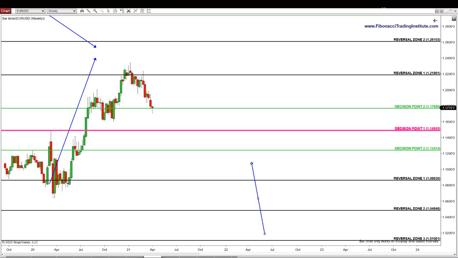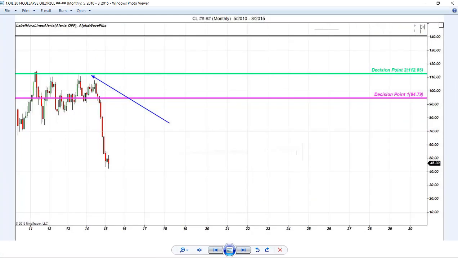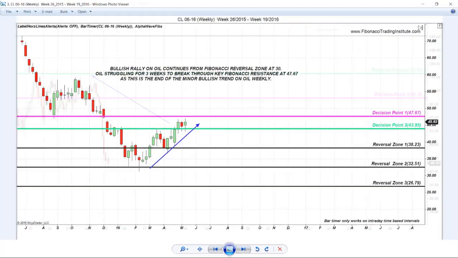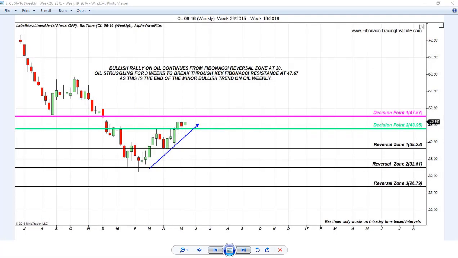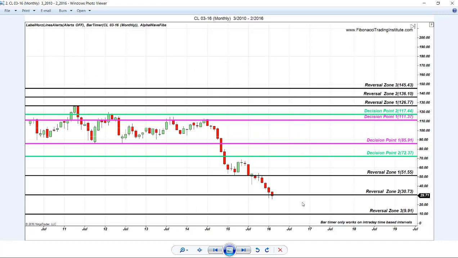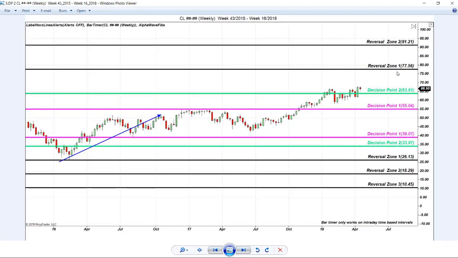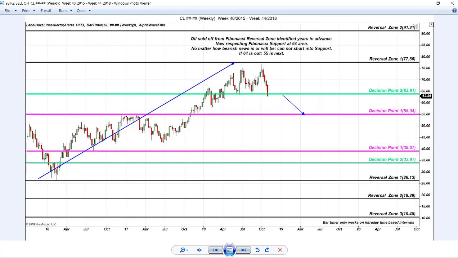Here's oil. Collapse 2015, do you remember that? From 112, oil reaches ultimate bottom. This is what oil looks like before the rally started in 2016. And when 2 years later oil doubles in value, you know many months ahead where oil would crash from. And when oil reaches reversal zone and oil is in free fall, you are not surprised.